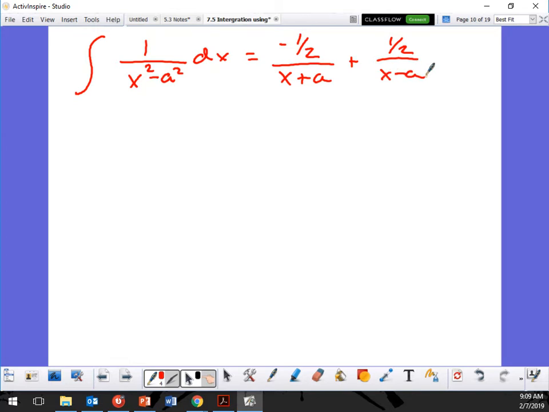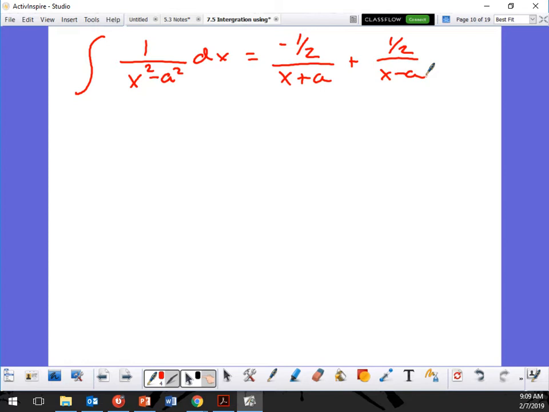Now, they both have a half there, right? So I'm going to do some finagling and factor that half. Since this one is positive, I'm going to put it first.